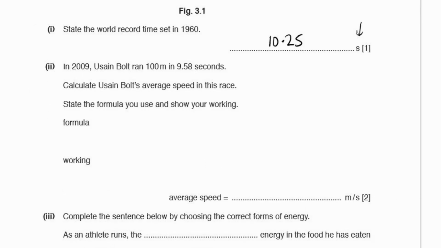Part 2. In 2009, Usain Bolt ran 100 metres in 9.58 seconds. Calculate his average speed in this race and state the formula that you use and show your working. Okay, excellent. Formula? Well, we're trying to find speed. Speed equals distance over time.